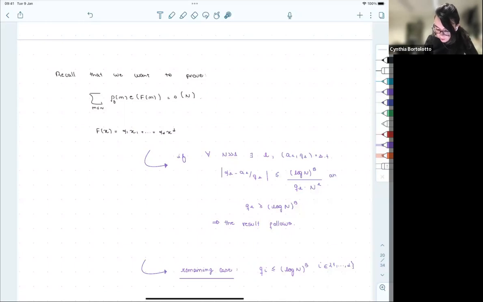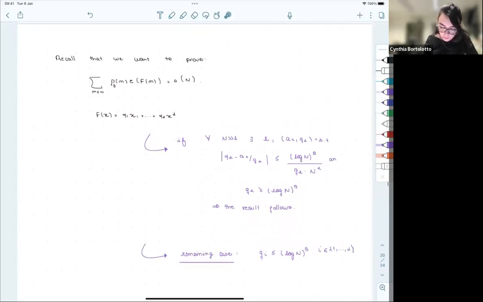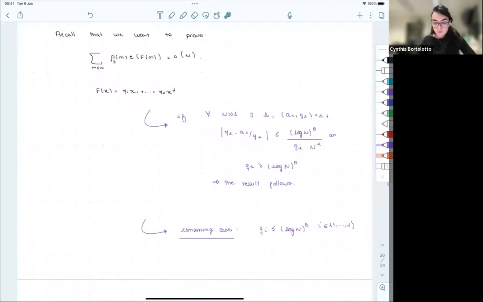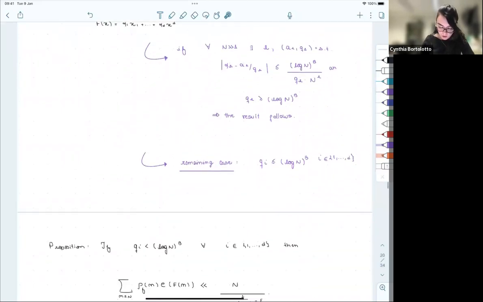And then the result follows. But to prove the result, we actually have to analyze the case where we suppose that all approximations we get using Dirichlet's theorem are small compared to N. And we have to use very different methods for this case.